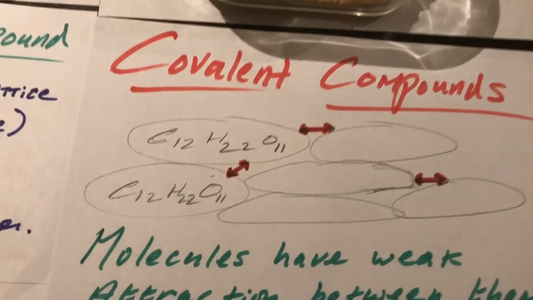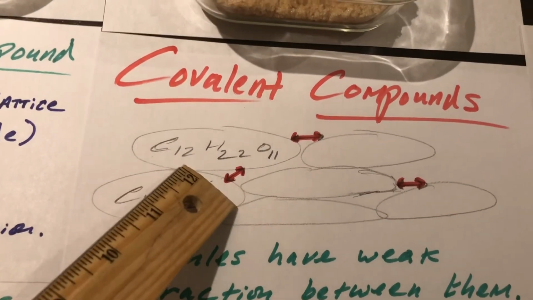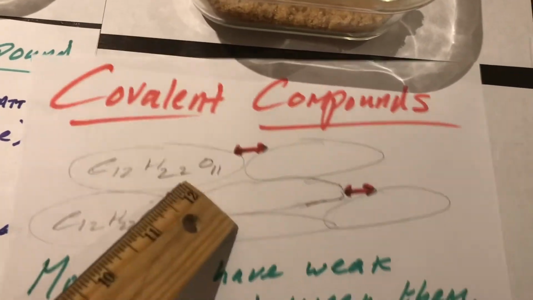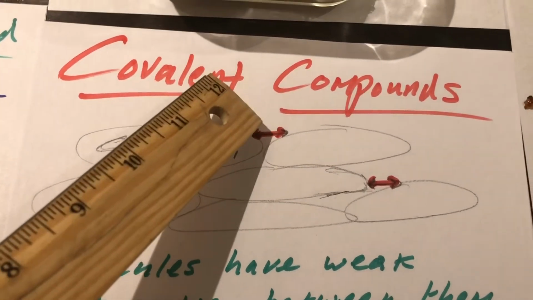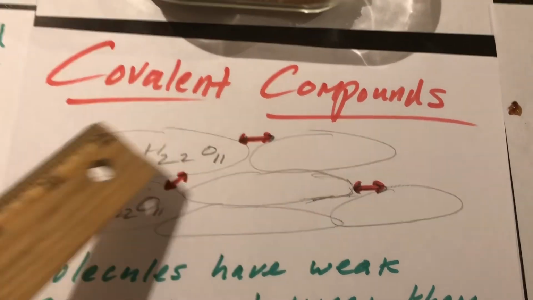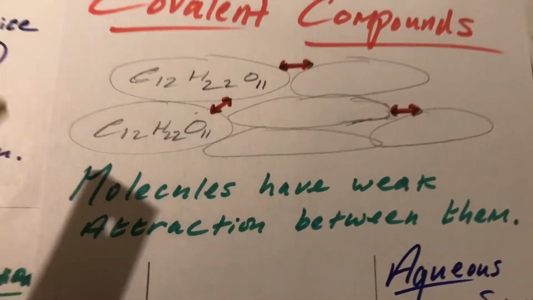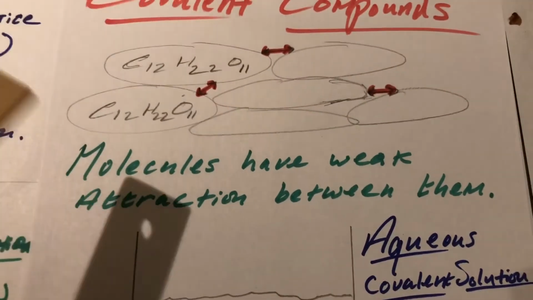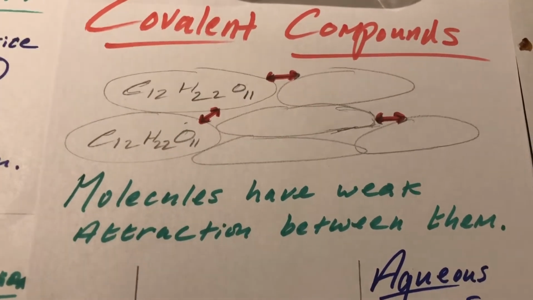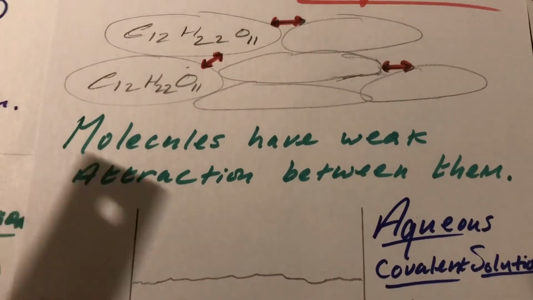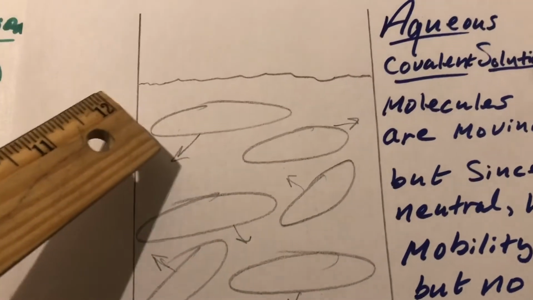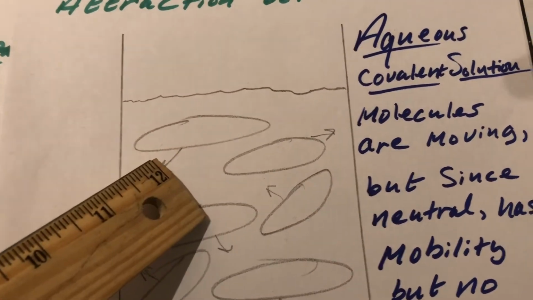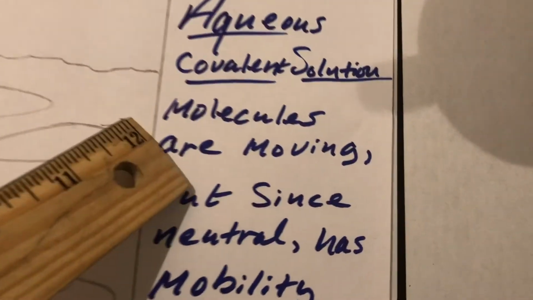Covalent compounds, on the other hand, they also have attraction between the molecules, right? Okay, but that attraction, these funny arrows that I'm trying to show here, between the molecules is weak compared to ionic compounds. Also, when we put the covalent compound, the sugar, into the water, we have mobility, right?